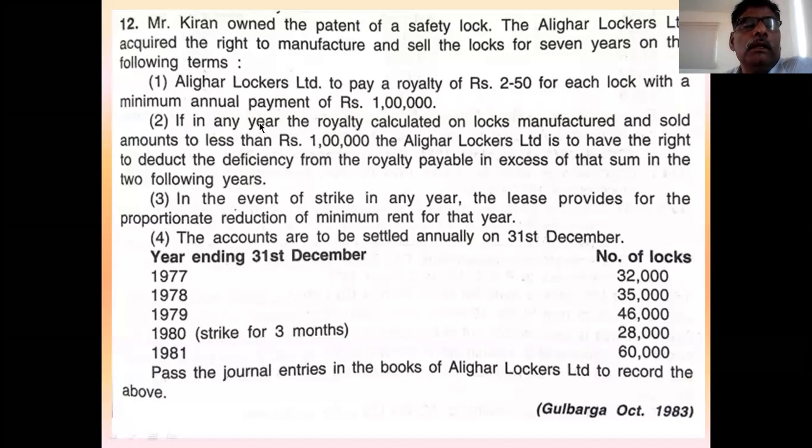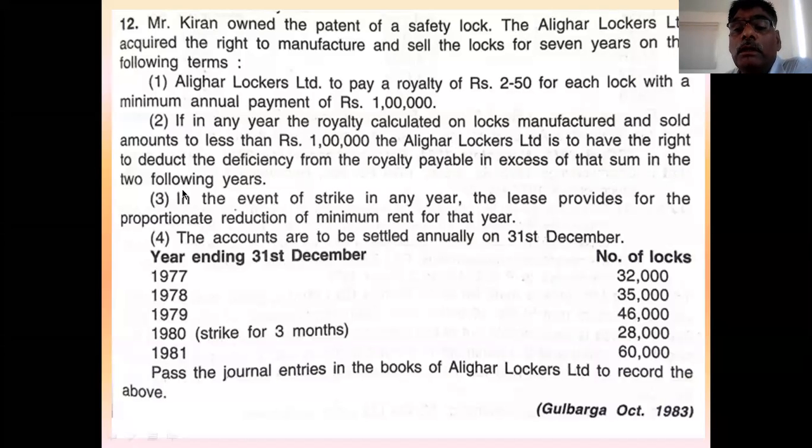And if in any year royalty calculated on the locks manufactured and sold is less than rupees 1 lakh, it is nothing but short working. Less than 1 lakh, the Aligarh Lockers Limited has the right to deduct the deficiency from the royalty payable in excess of the sum of royalty in the two following years.